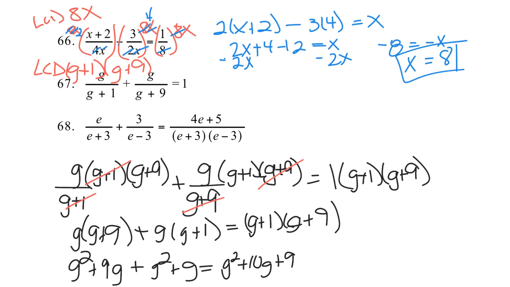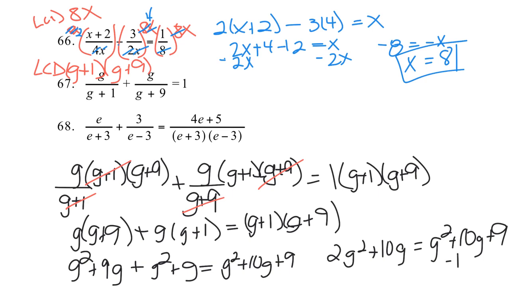So we're going to combine everything up. We have 10g on this side, so we have 2g squared plus 10g equals g squared plus 10g plus 9.